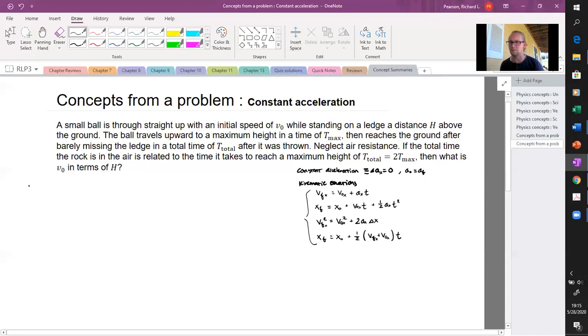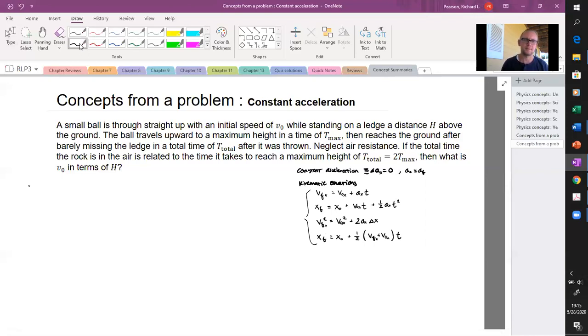So if in a particular situation we have a problem where we don't have time, but we have these other things, then we can solve for time in one equation and use it in the other. So it's a cool way to go about this, and hopefully we get to see that here.